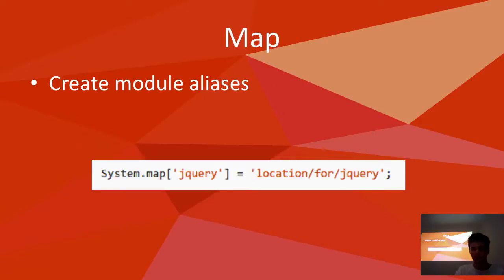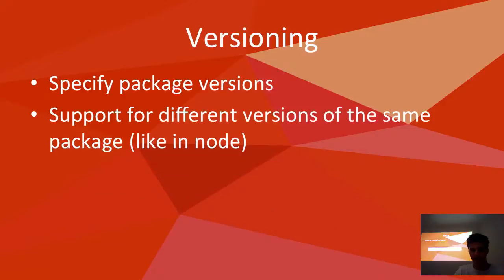I think the hook that gets overwritten is the fetch hook or something. There's a normalize hook for normalizing module names, a locate hook for finding it, a fetch hook for getting it, and an instantiate hook. I'm not sure about that, but there are 5 or 6 hooks that can be overwritten individually and extended as needed.